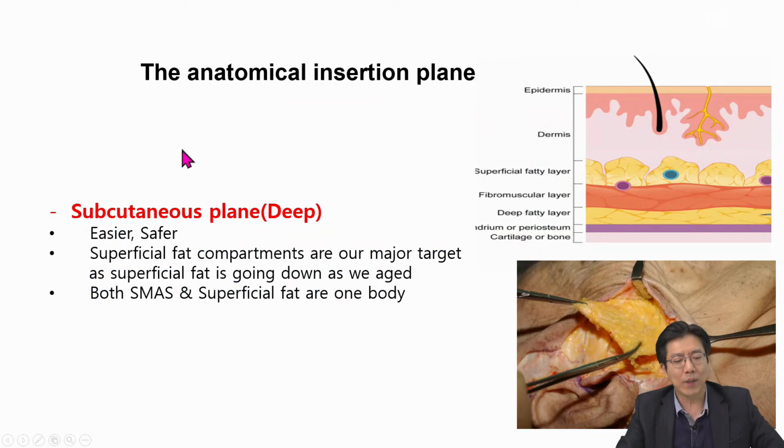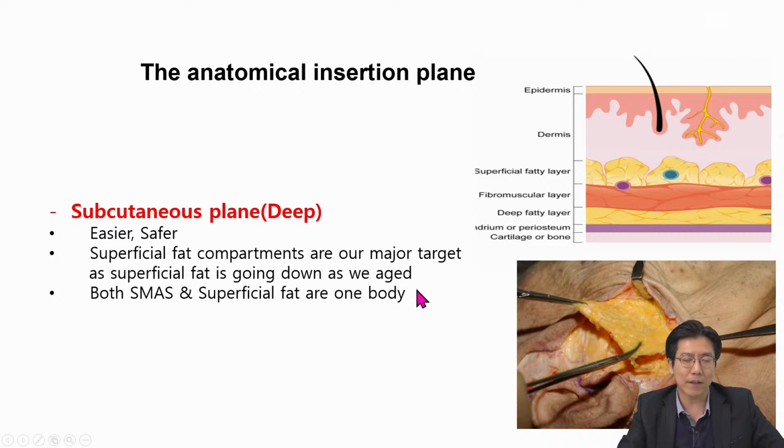So we recommend putting the thread into the deep subcutaneous layer. The reason why? It is safe and easy. And we know that superficial fat compartments are our major target, as superficial fat goes down as we age. And both SMAS and superficial fat are actually one body.